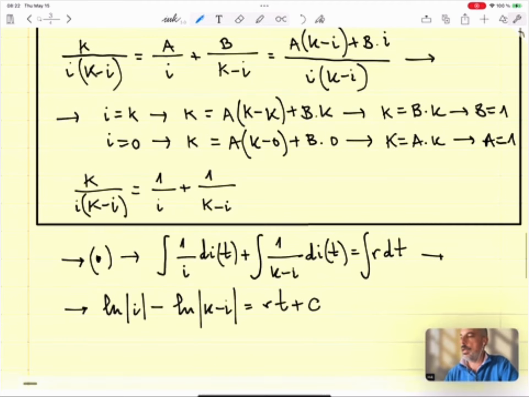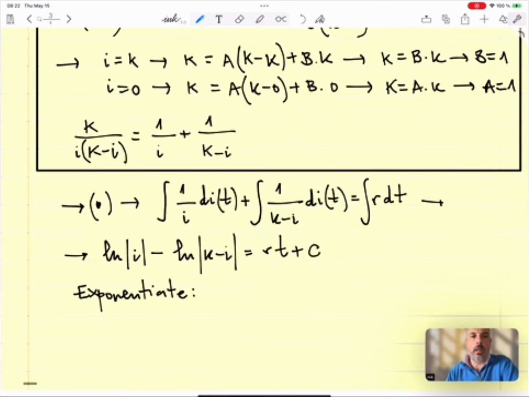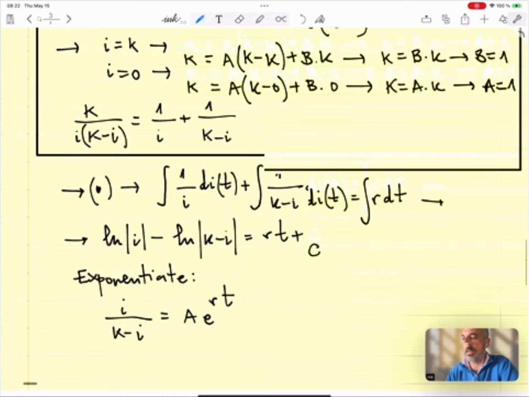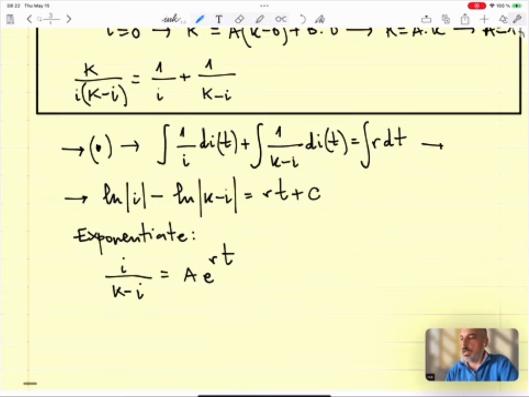If we exponentiate, then we get our result: I divided by (k minus I) equals a constant times e to the rt, the constant being the initial condition of the infected people, I0, divided by k minus I0.